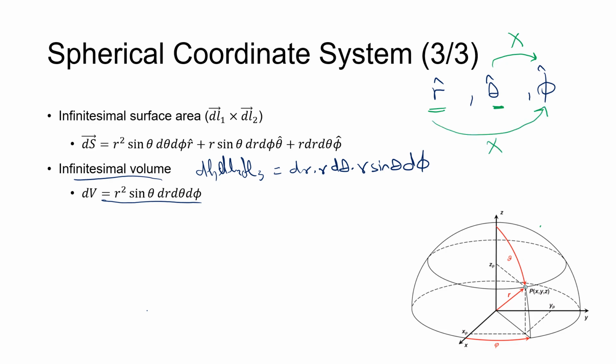Finally, in the phi direction, I cross product r and theta, and we already know the infinitesimal length in each case. For example, in the r direction, I simply multiply r d theta by r sine theta d phi. Then I can get this value here. Similarly, you can do it in theta and in phi.